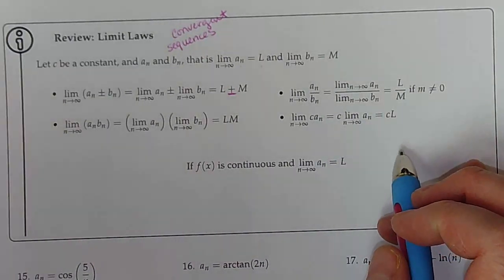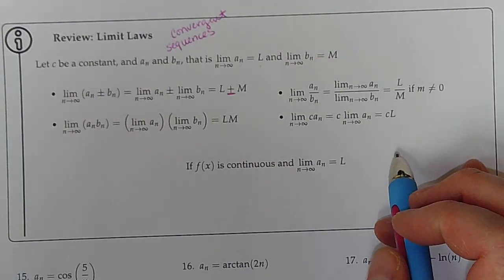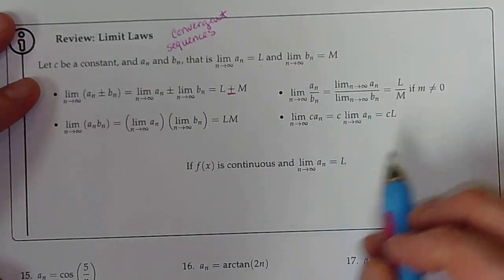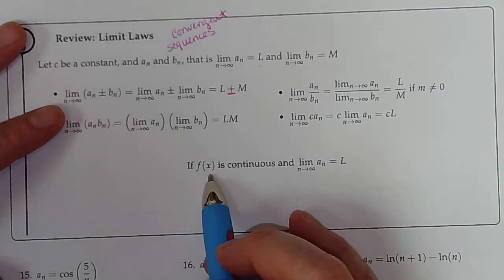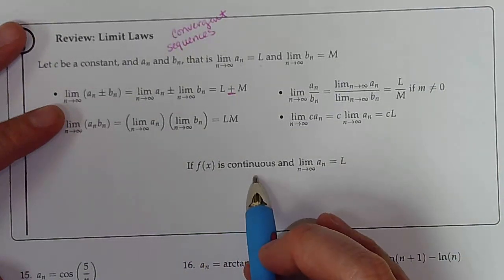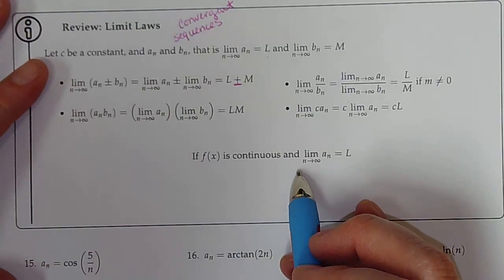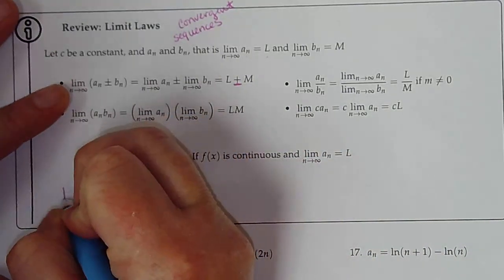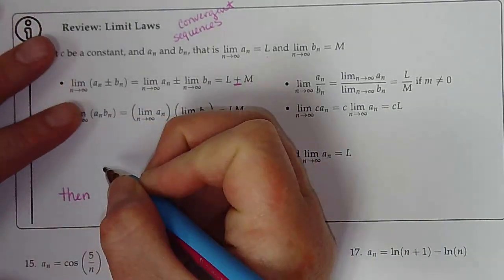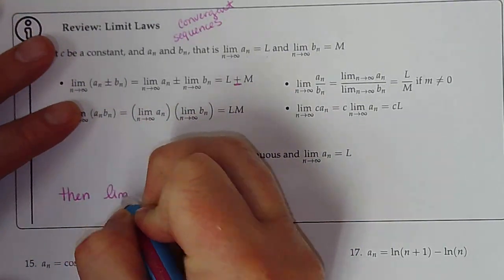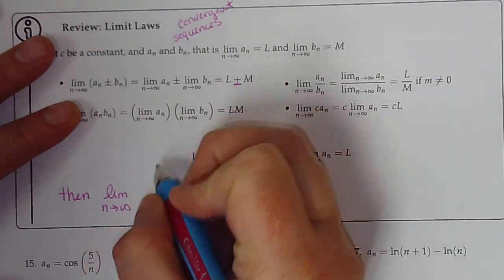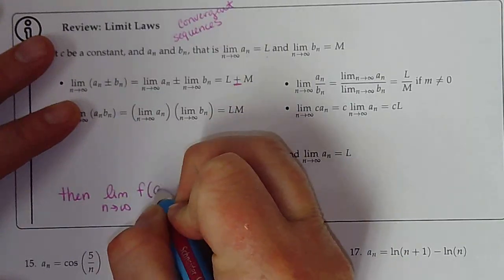All right, I'm going to add one more limit law in here that you may or may not have learned in Calc 1. If f of x is a continuous function, and the limit of a sequence as n goes to infinity is L, then we can take the limit as n goes to infinity of f of a sub n.